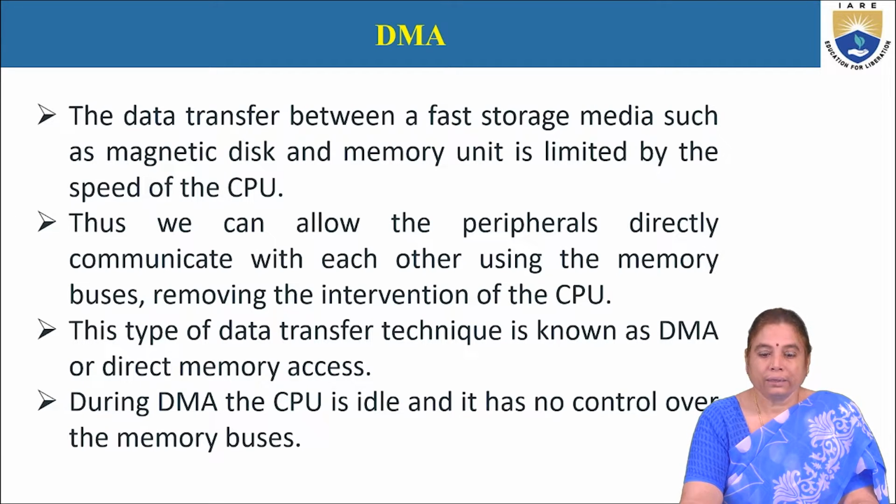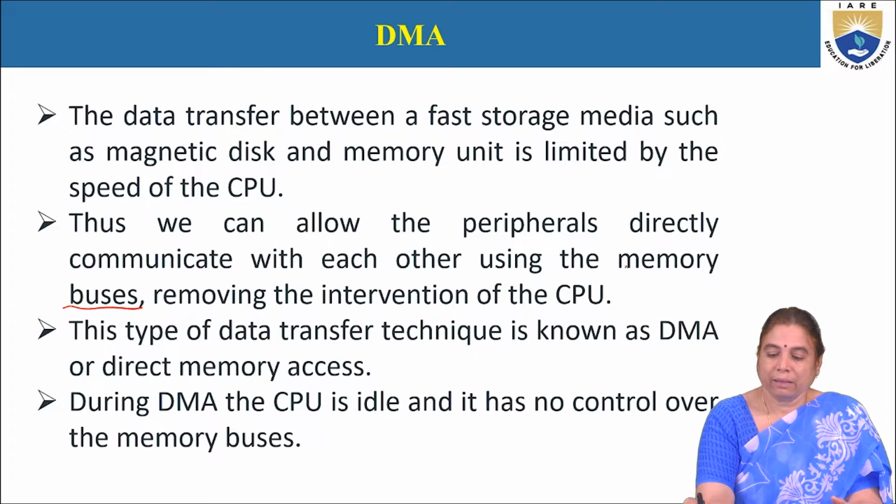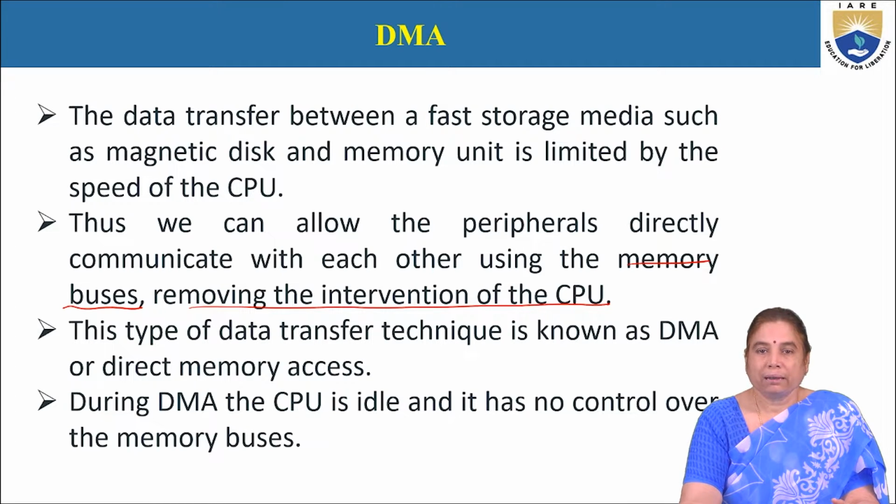To mitigate this, the devices are allowed to communicate directly with each other using the memory buses, removing the intervention of the CPU. That's why the direct memory access method is used. The name also implies this purpose. This type of data transfer technique is known as direct memory access.